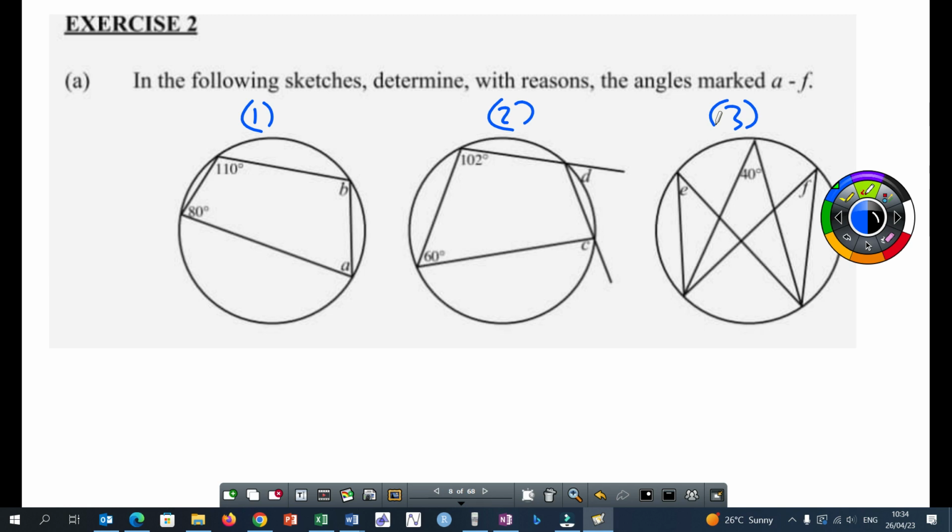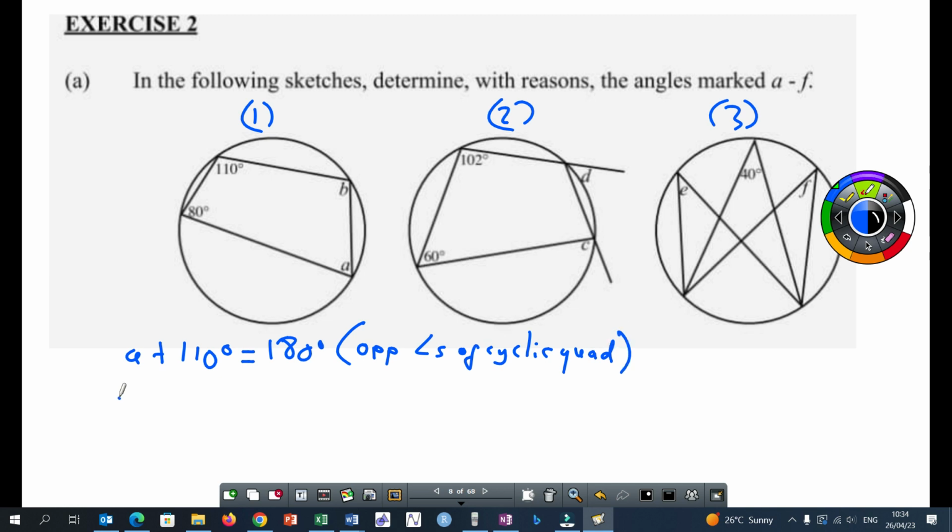So we say A plus 110 will give us 180, and your reason here will be opposite angles of cyclic quad. So angle A is going to be 180 minus 110, and you get 70 degrees.